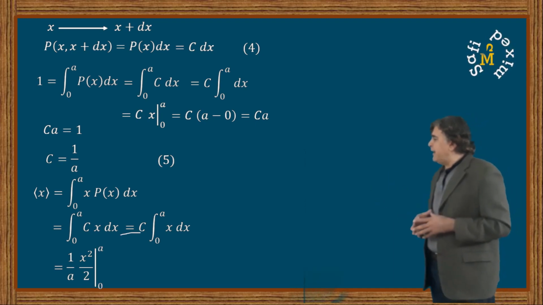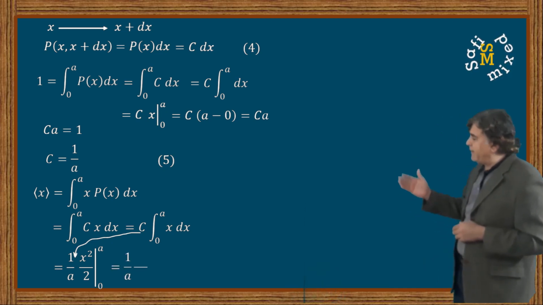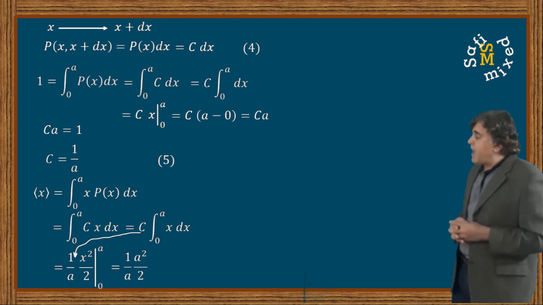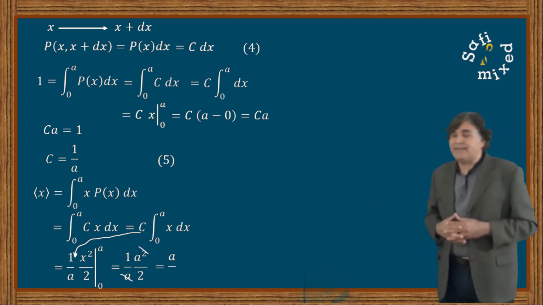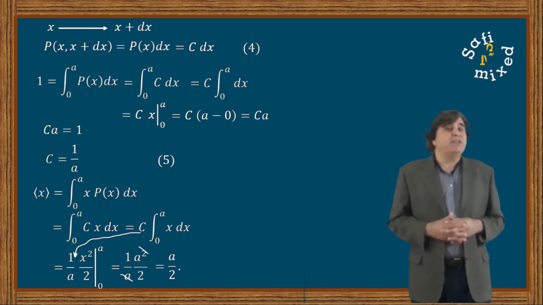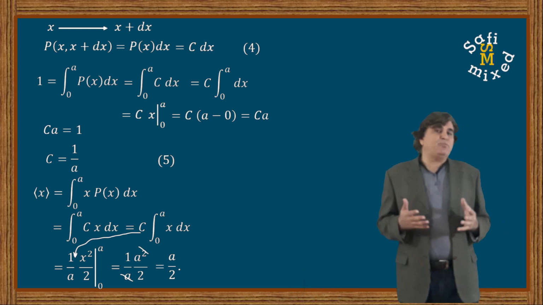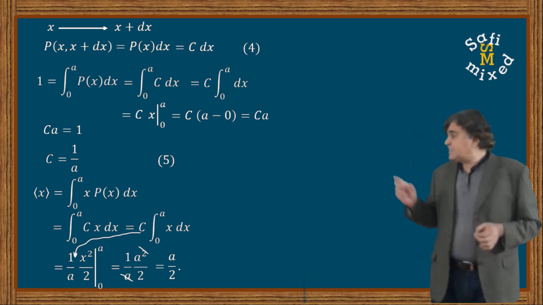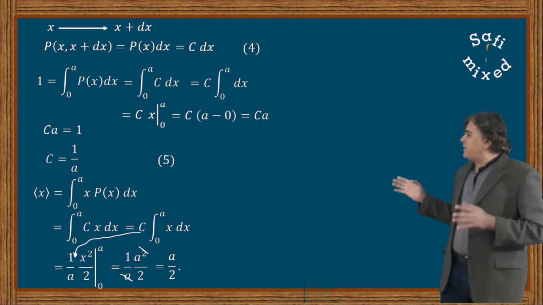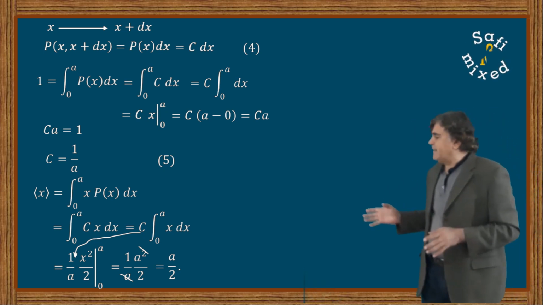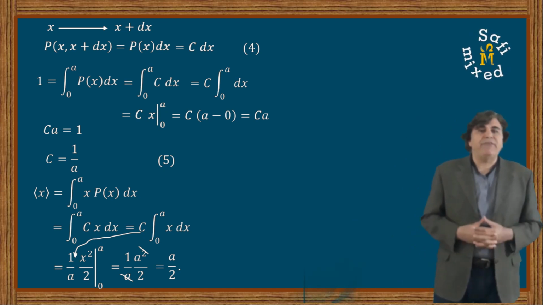Substituting the limits, I get 1 over a times a squared divided by 2, and cancelling the square of a in the numerator with a in the denominator, finally it is a divided by 2. So the average value of position is directly proportional to the width of the well, and this equation says that every position of the particle within the well for a given width is equally probable, or in another way, it is independent of time.